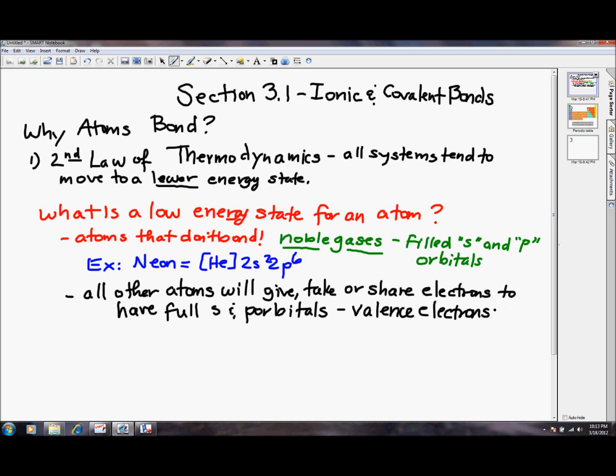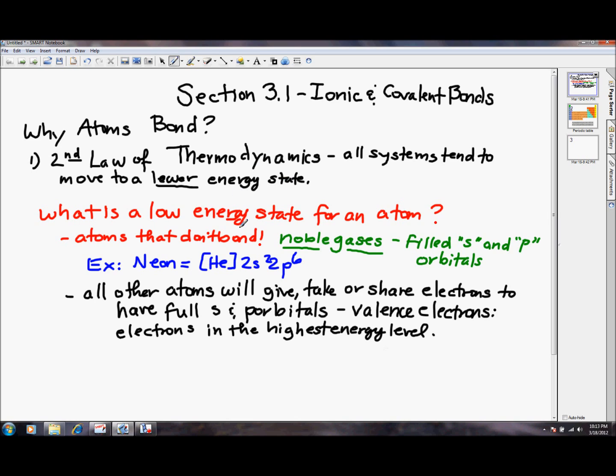The giving, taking, or sharing will be of the valence electrons. These are the electrons in the highest energy level. So how do we know what electrons are called the valence electrons for any particular atom?